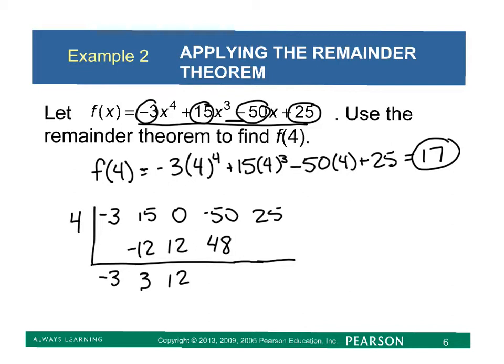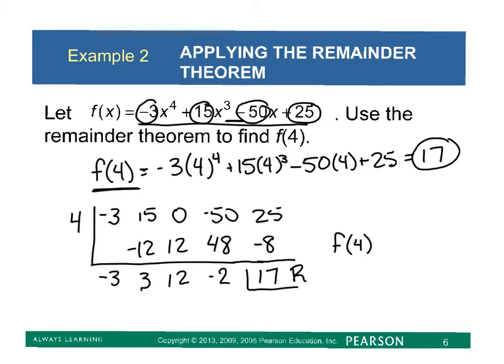And then we add together those, negative 2. And then multiply 4 times negative 2, get negative 8. 25 minus 8, 17. There you go. So the remainder is also the solution for this right here.